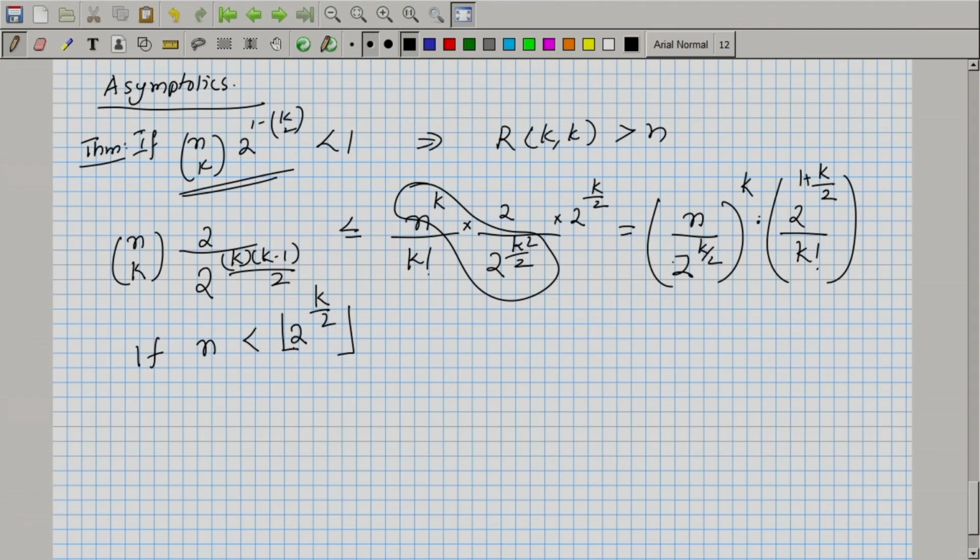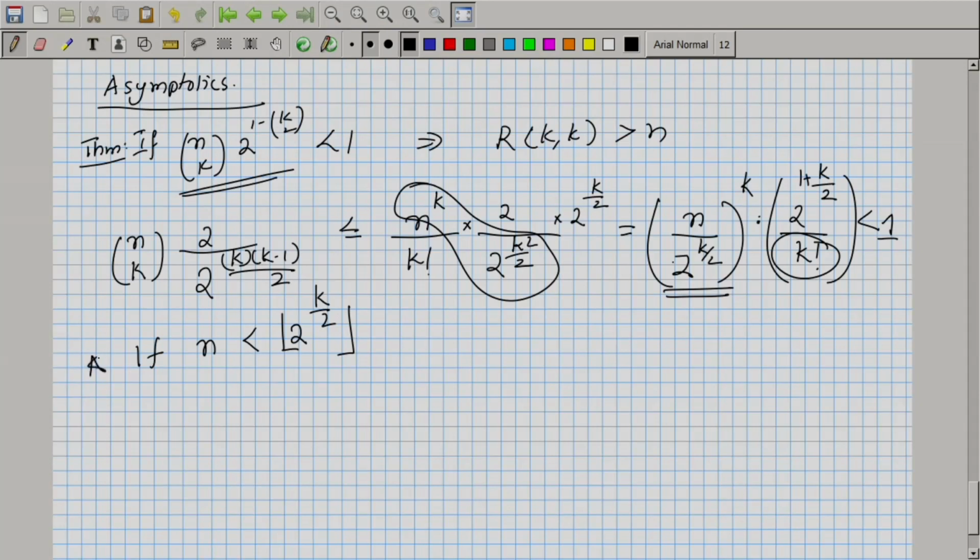So, if n is less than 2 raised to k by 2, then this quantity is going to be less than 1, and 2 raised to 1 plus k by 2 has k by 2 terms, whereas this has k terms, most of them except the term 1 and 2, everything else is greater than 2. So, you can say that for reasonable values of k, this is going to be much smaller than 1. So, this overall quantity we can say that it is less than 1 if this condition is true.